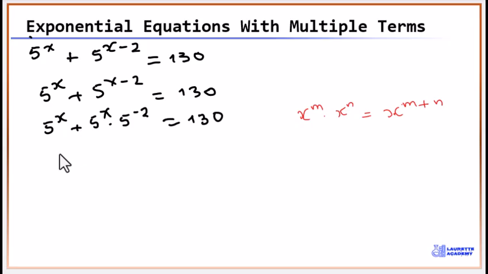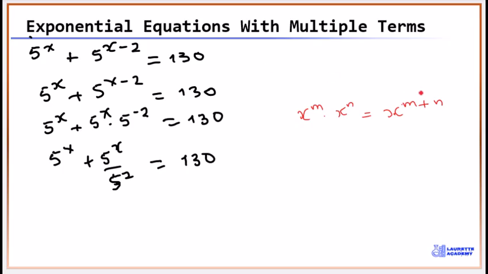So this would transform to 5 to the power x plus 5 raised to the power x divided by 5 squared is equal to 130.